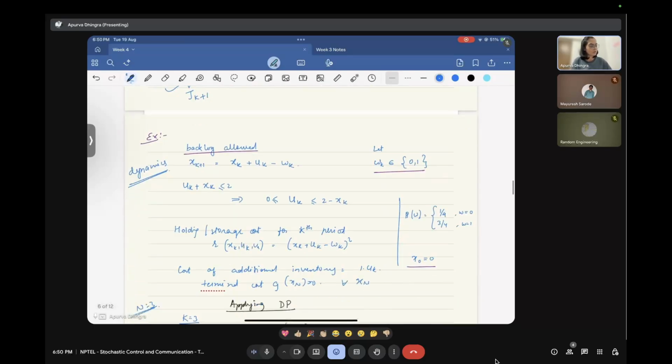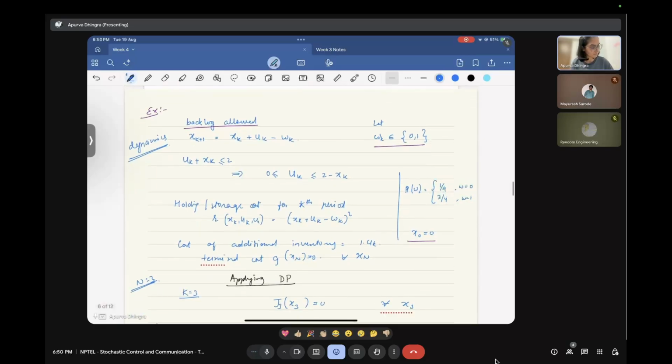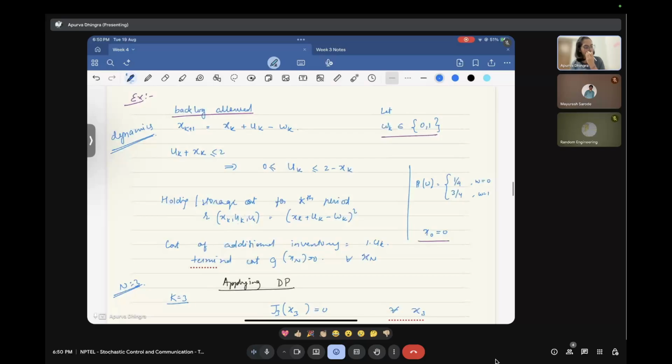Okay. So now the example that I'm considering is as follows. In my example, I am allowing backlog. Backlog being allowed means this is the dynamics. And I'm putting a few constraints so that I can make things solvable and then verify whether it is actually possible to solve or not.